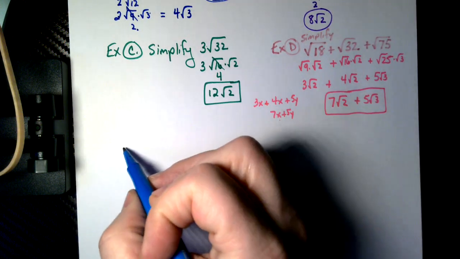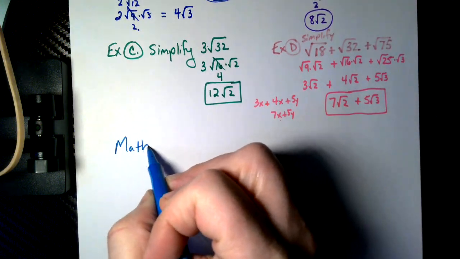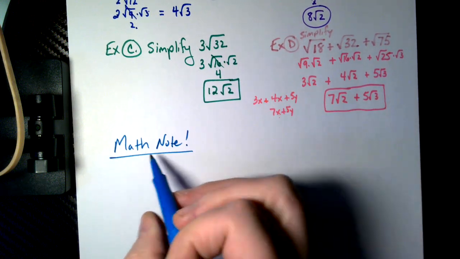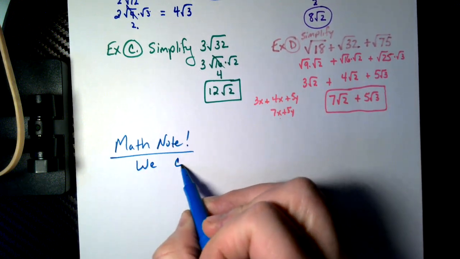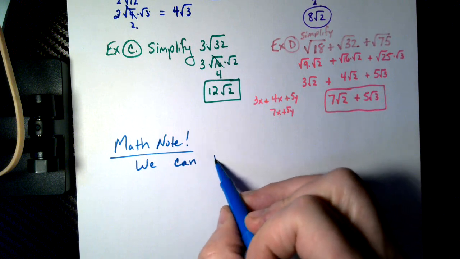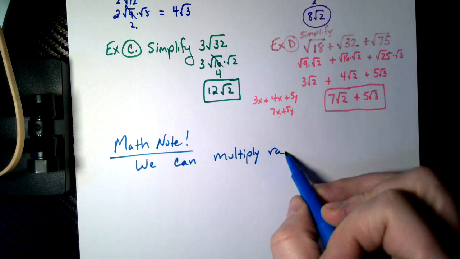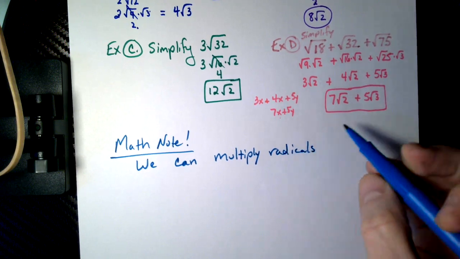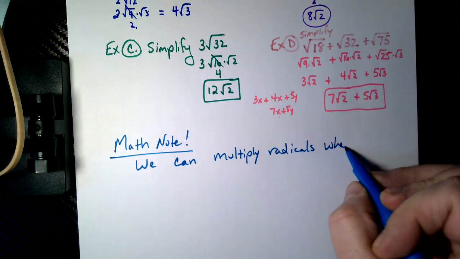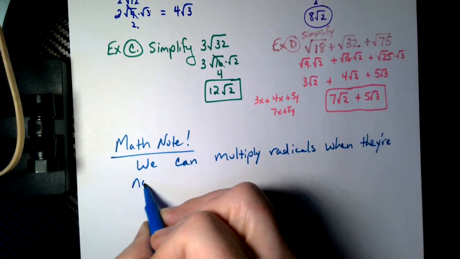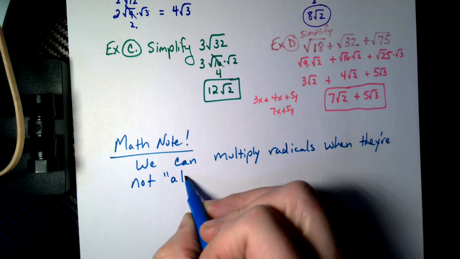All right, so let's make a little math note here. Math note. We can multiply radicals when they're not alike.